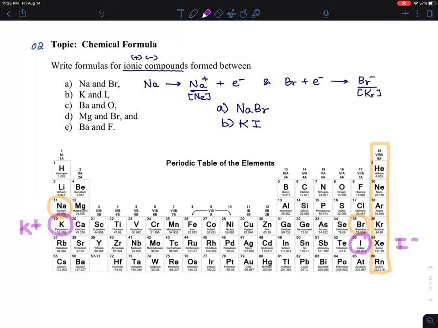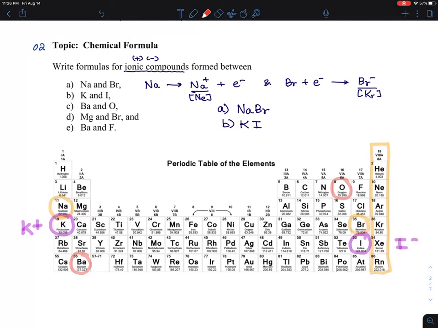What about barium? Barium is here, and the oxygen is here. As far as oxygen is concerned, because it is located in the 6th column, it normally likes to be oxygen 2 minus, and this is barium 2 plus.